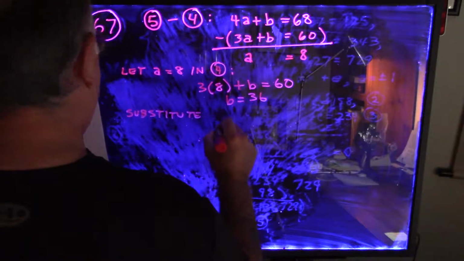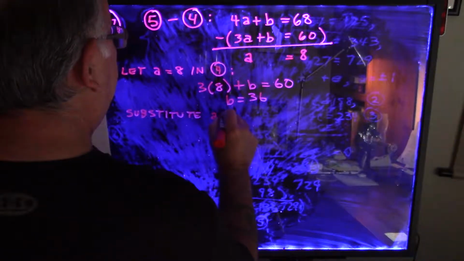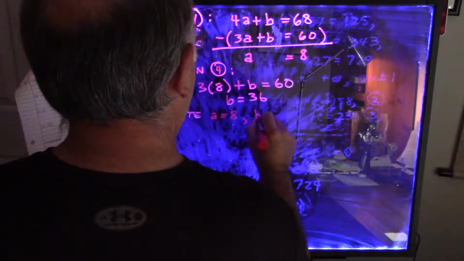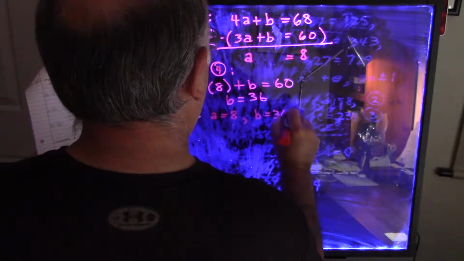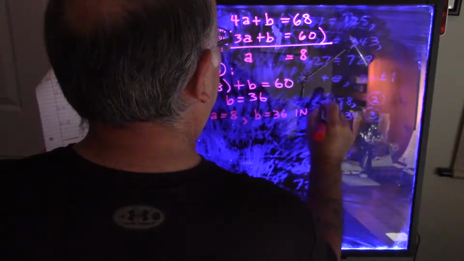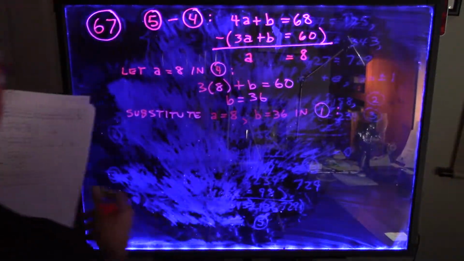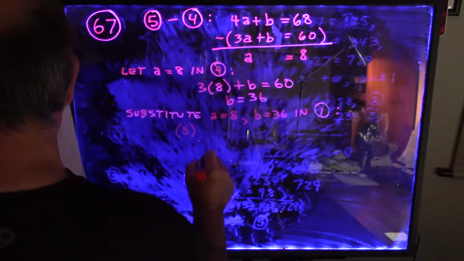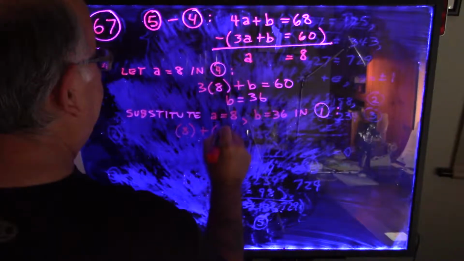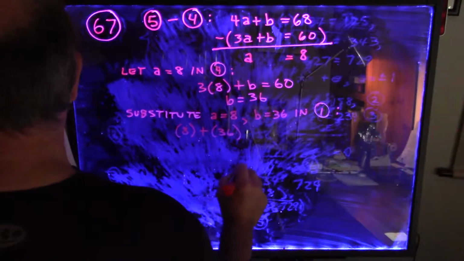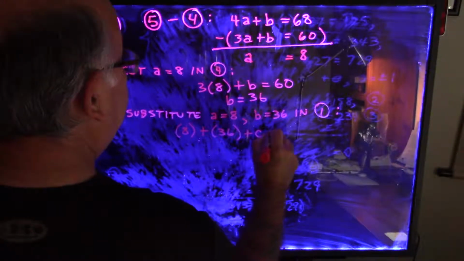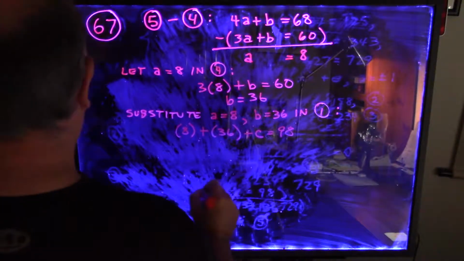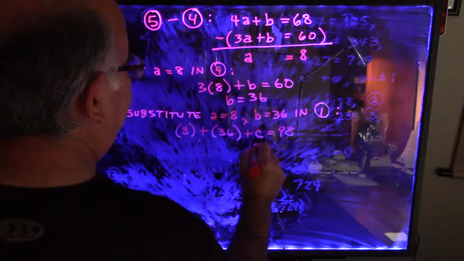Alright, so substitute a equals 8 and b equals 36 in equation 1. So we've got 8, that's a, plus b, which is 36, plus c is equal to 98. And so that means c equals 54.